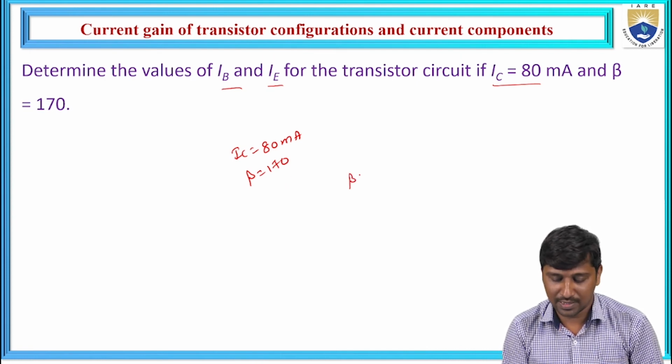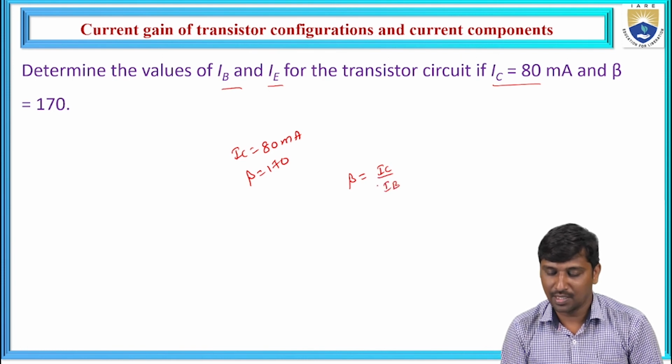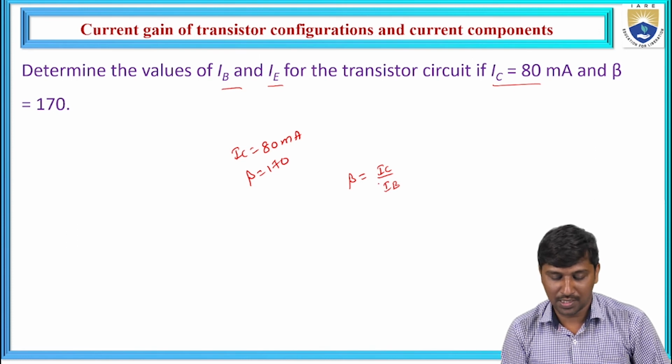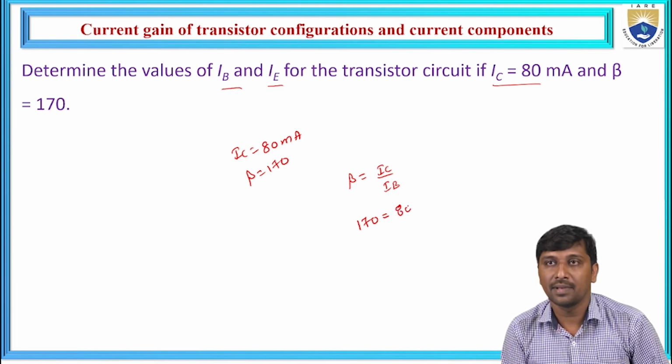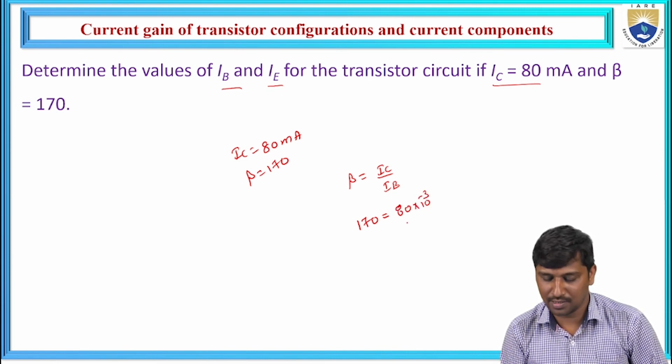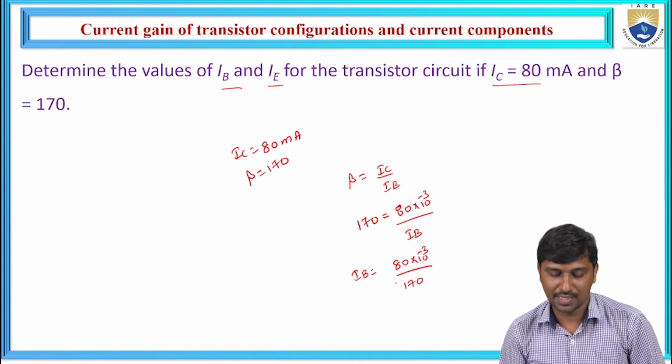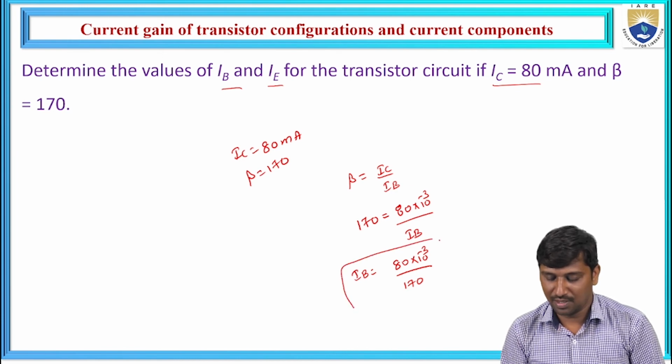From the generalized expression, beta is represented as IC by IB. The beta value is given as 170, IC is given as 80 milliamperes, 80 into 10 to the power minus 3. Then we need to calculate IB. So IB is equal to 80 into 10 to the power of minus 3 divided by 170. Then we'll observe this IB value.